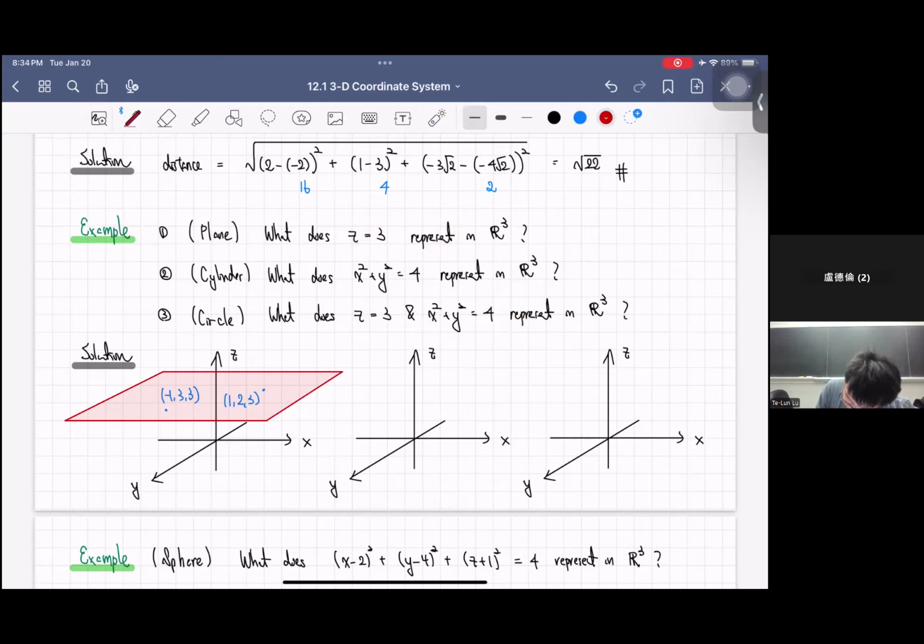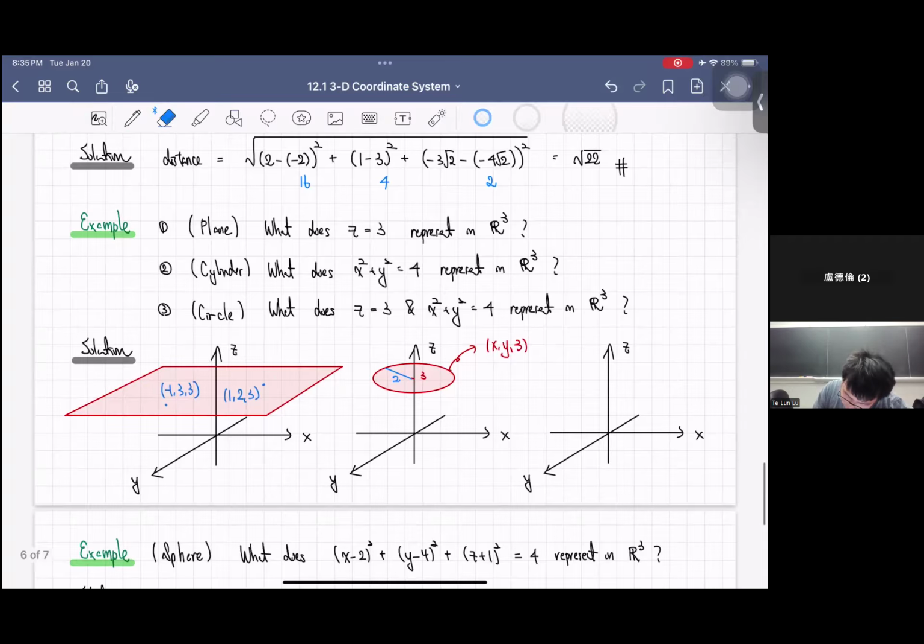What I'm saying is that, say this is at height 3, then this is something like (x, y, 3), where x squared plus y squared is 4. So this is always 2 here. Okay? And every z satisfies this equation.